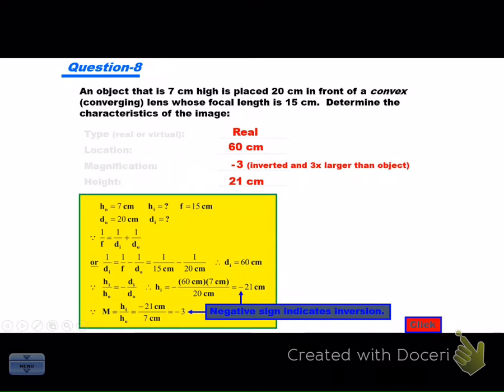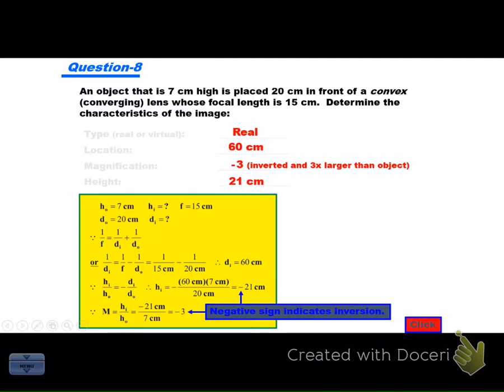In this problem, it's probably a good thing to do this, as we actually went through the effort of finding the height of the image. So we'll go through that real quick. If we know image and object distance, that's going to be the same ratio as image and object height. So just rearranging those variables, plugging in our numbers for DI, DO, and HO, we can see that image height is negative 21.